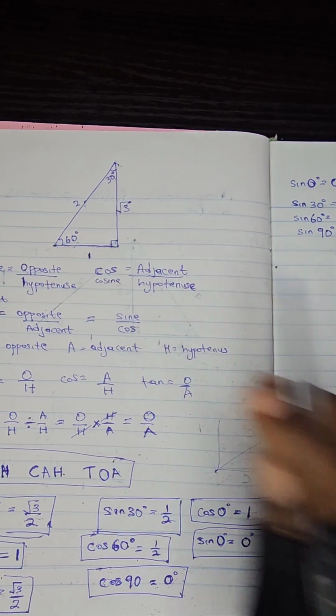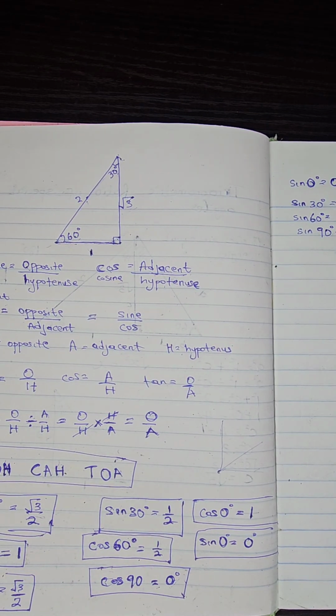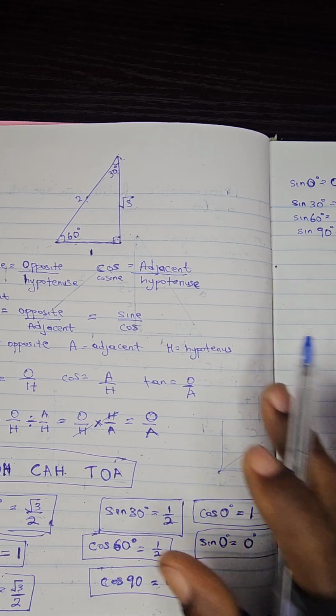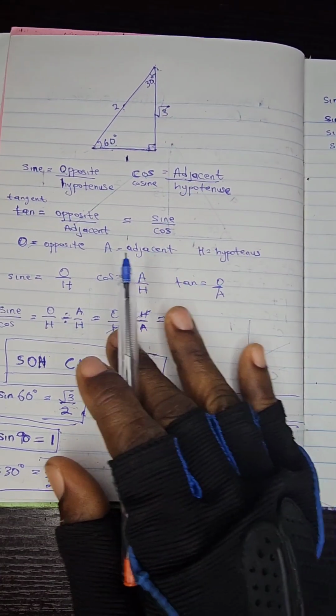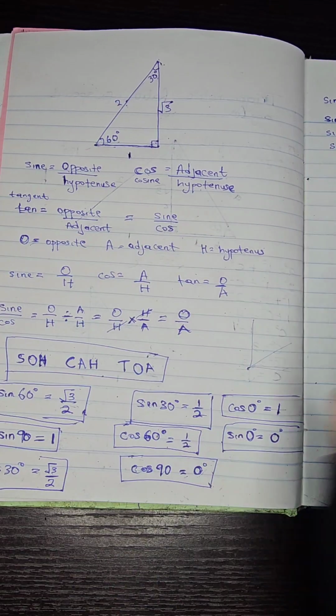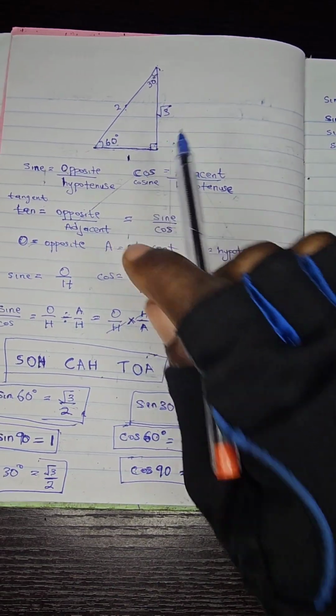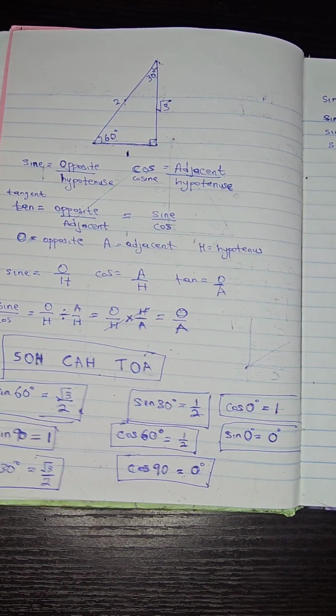Same thing applies to here. But I'll prefer to use the other formula that I showed you here, that tan is sine over cos. There's a reason why I want to do that, because when I get to tan 90 and tan 0, it explains it better. So let's go to tan.